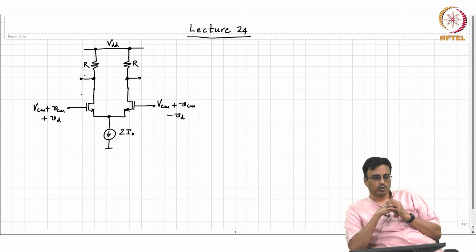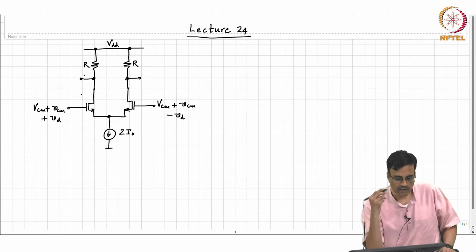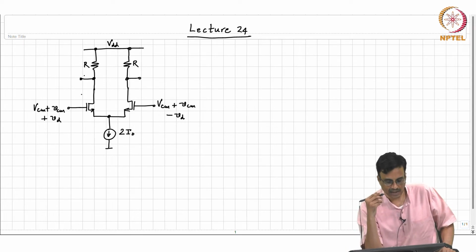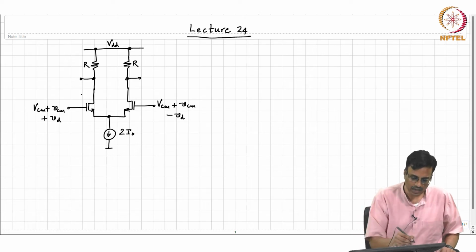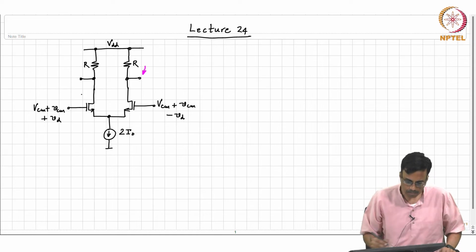To represent the change in the common mode, we have a small VCM, and to represent a change in the differential mode, we have VD. We exploited symmetry to analyze this circuit the last time around. What will be the incremental voltage at this terminal here?